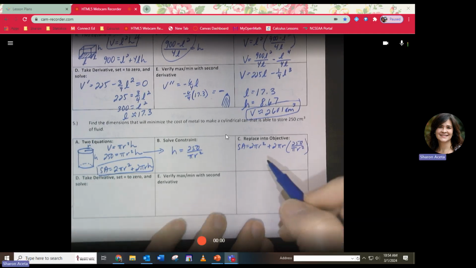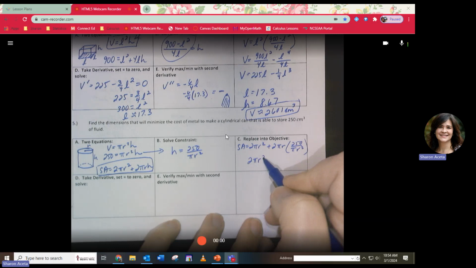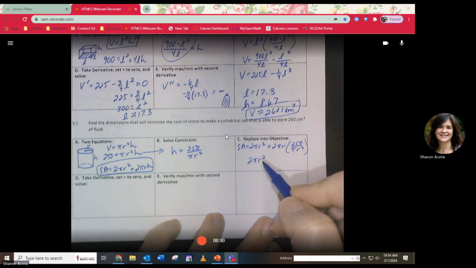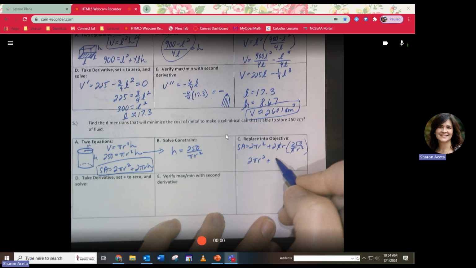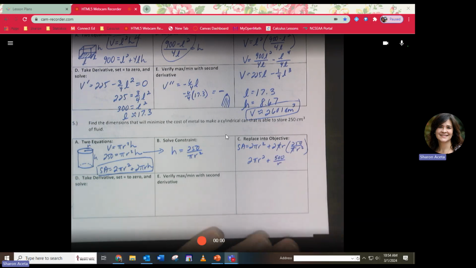And we need to clean this up, because remember, we're going to take a derivative of it. So the pi's will cancel. And I will have 500 over r.